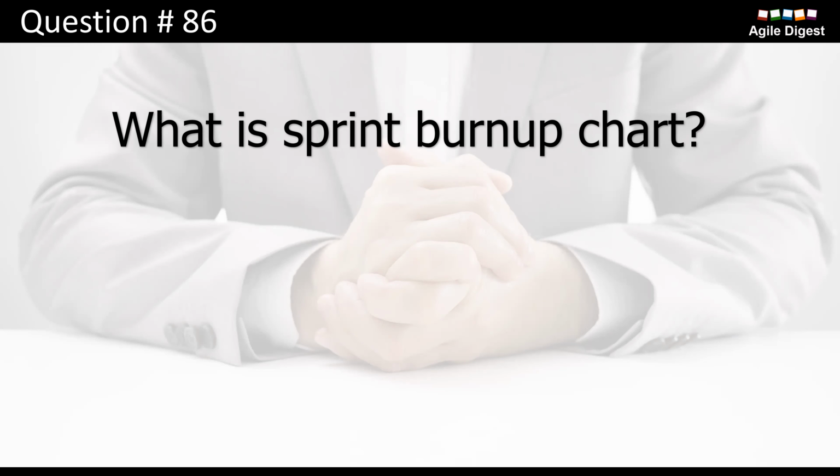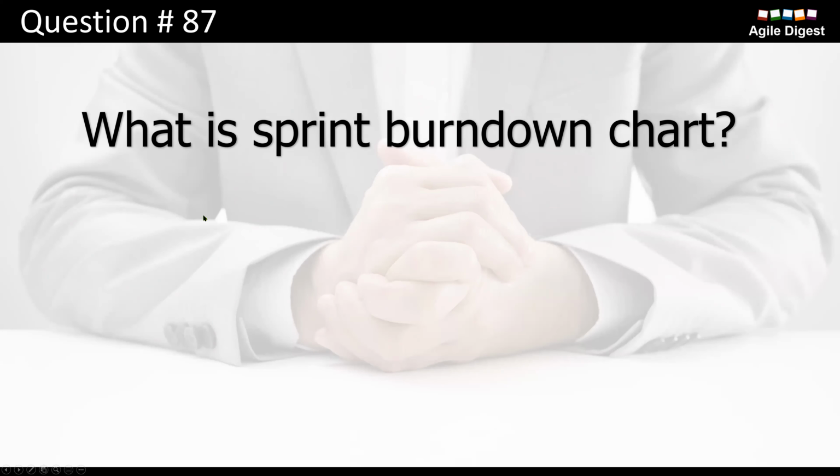Right, anything more you want to add here? Sprint burn up we measure in story points. Sprint burn down we can measure in story points or in effort hours as well, the remaining amount of effort. Okay. Right, but burn up always goes in story points.